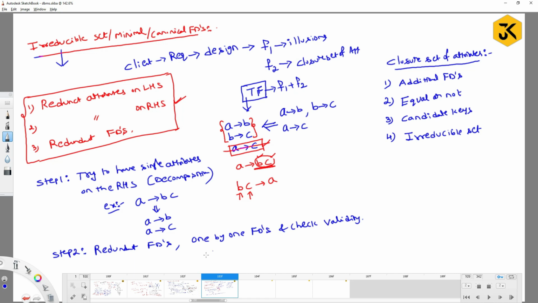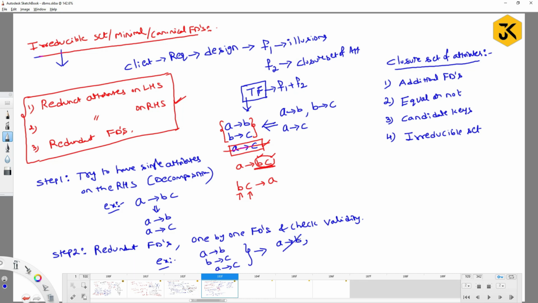For example, say I have these 3 functional dependencies: A determines B, B determines C and A determines C. What do you have to do in this step? You have to take out functional dependencies one by one. First take out A determines B. If I take out A determines B, you need to check its validity. Validity means: even without A determines B, can I get A determines B or not?